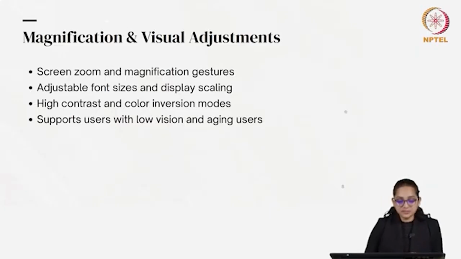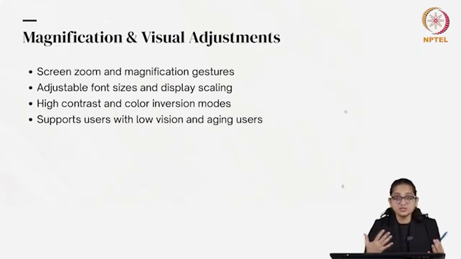Magnification and visual adjustment. What happens in this case is that you are able to zoom onto the screen. There can be magnification gestures, where you pull your two fingers apart and it is able to zoom. You can adjust font sizes or other display scale.